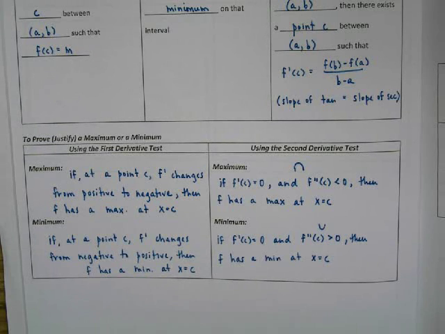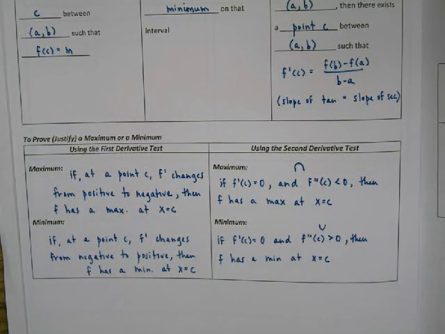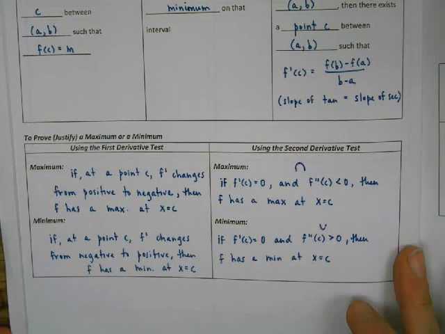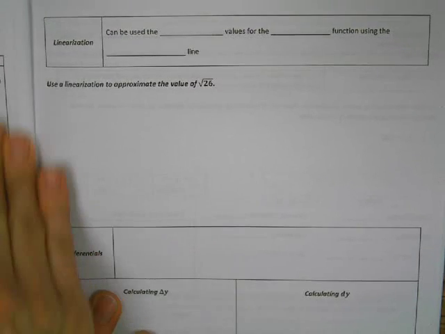Okay, so those were all of our theorems and tests. And again, those come up a lot on the AP exam, so we want to make sure that we know how to justify those appropriately. So the next thing we talked about was linearization and differentials. And really this was all about using the tangent line to do some kind of approximation.